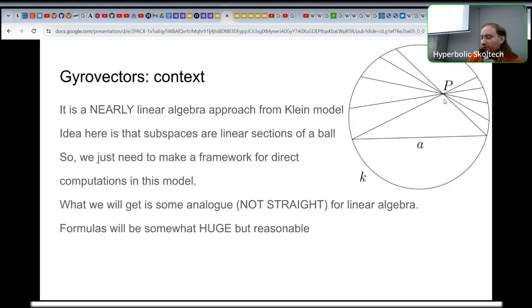Some standard hyperbolic motions in the plane are very simple looking, and some of the formulas for the plane will be simple looking. But there are lots of formulas, and they are huge.